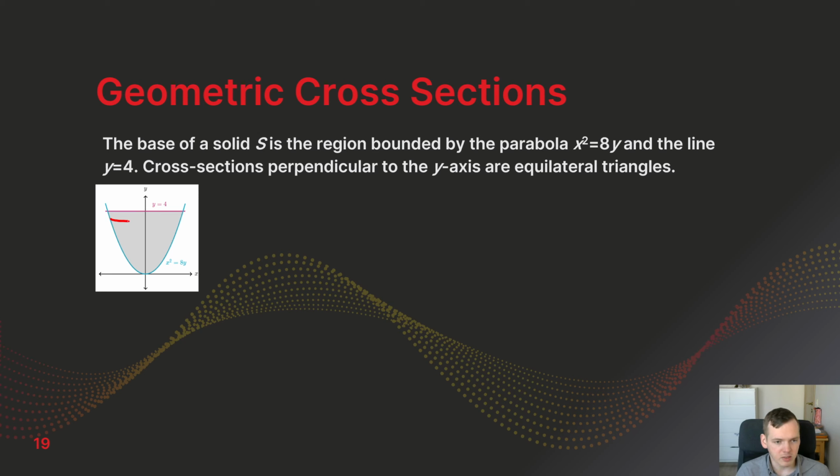That means we imagine something like this, and it's going to come out of the screen here as an equilateral triangle. So if I draw this on its side, or from a different perspective, you can imagine it's something like this. And then at the end, we've got a triangle.